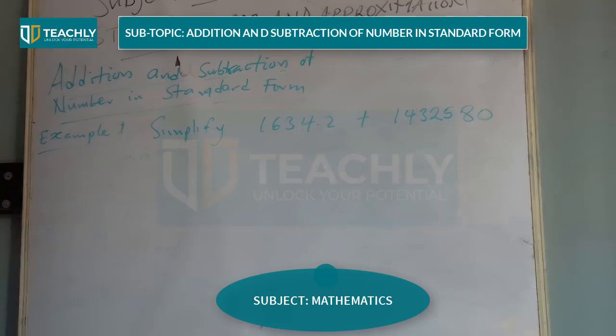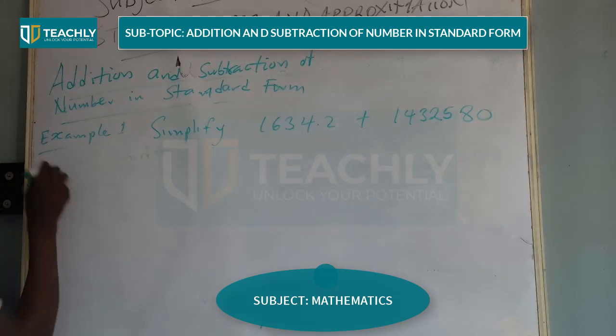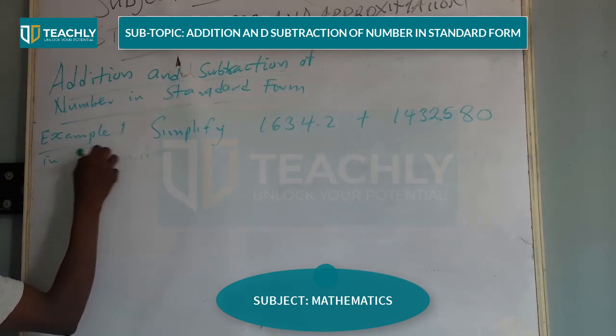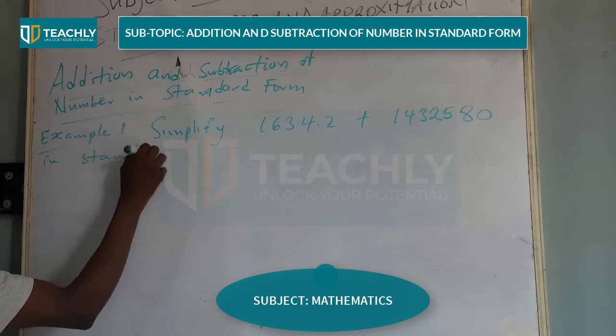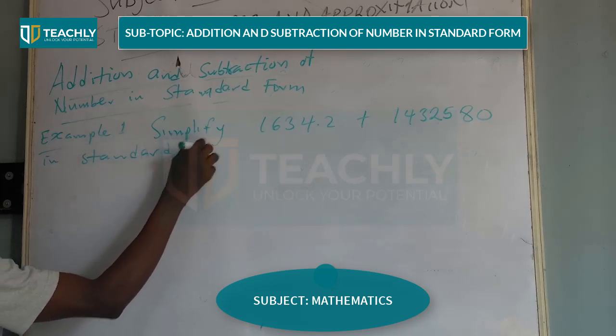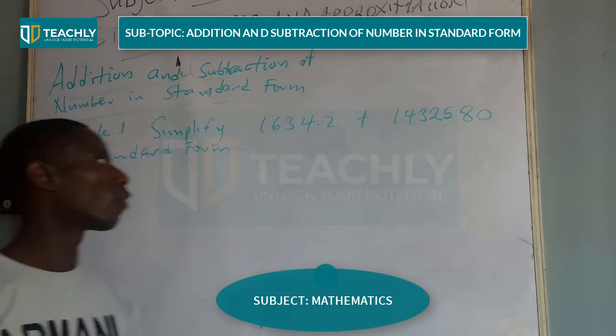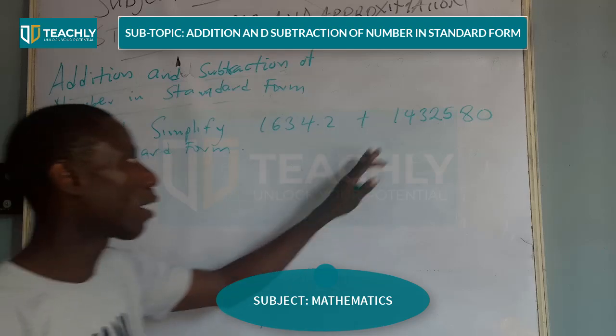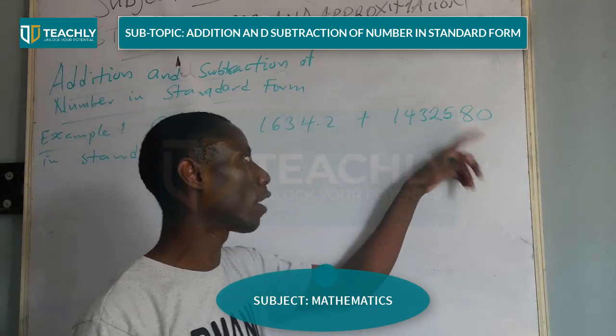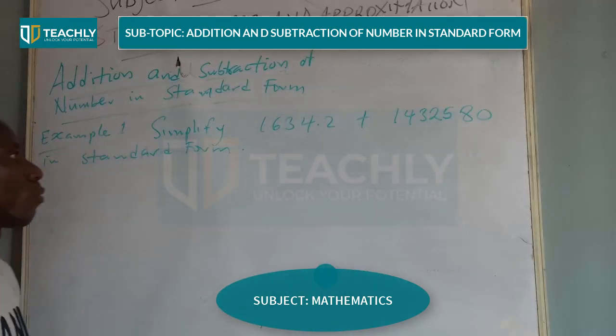You are asked to simplify this in standard form. So you are given 1634.2 plus 1432580, and you have to simplify it in standard form.